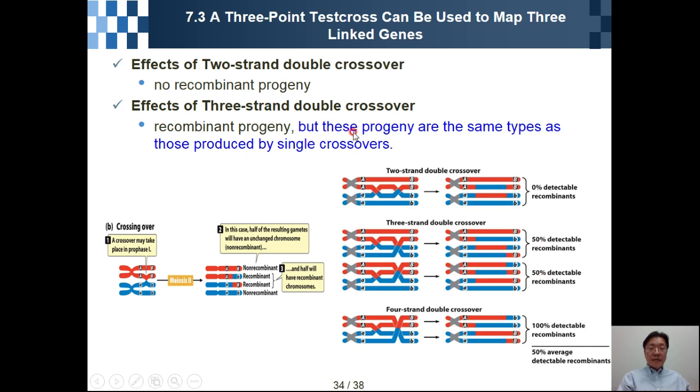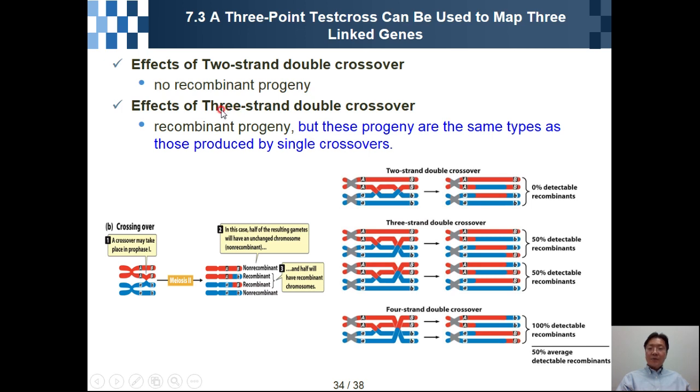However, the progeny are the same type as those produced by single crossover. For example, they have large A, large B, small a, small b, and they also have large A, small b, small a, large b. Like this, in single crossover, they will have large A, large B, small a, small b, and large A, small b, small a, large b.